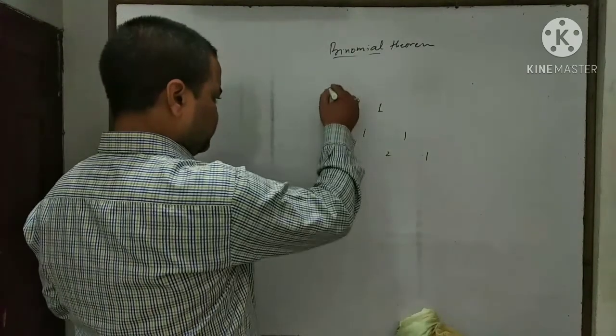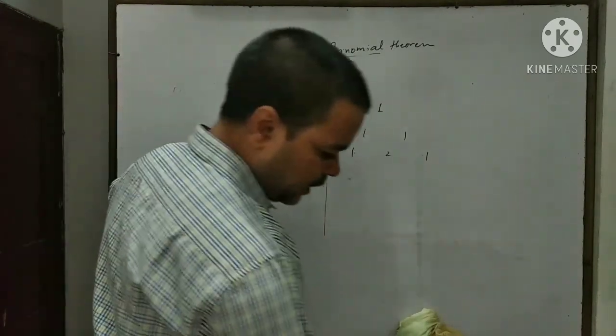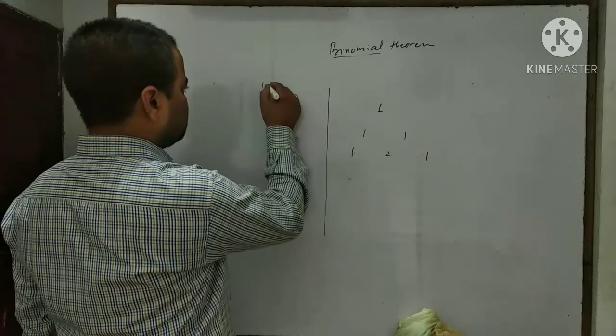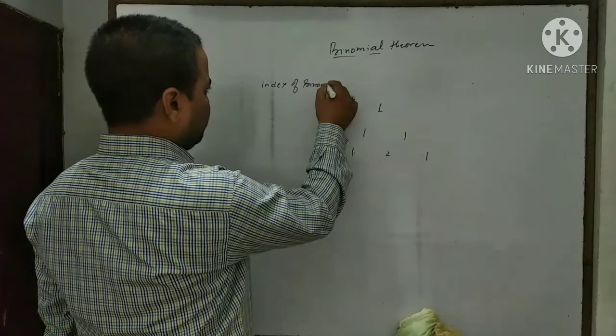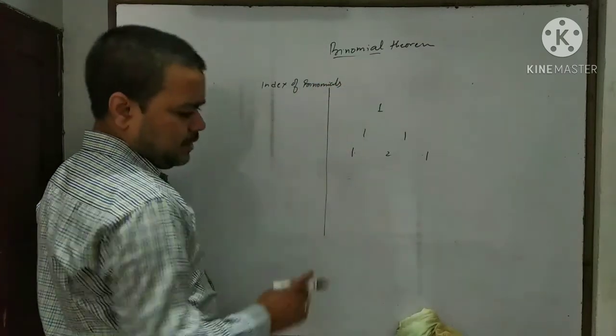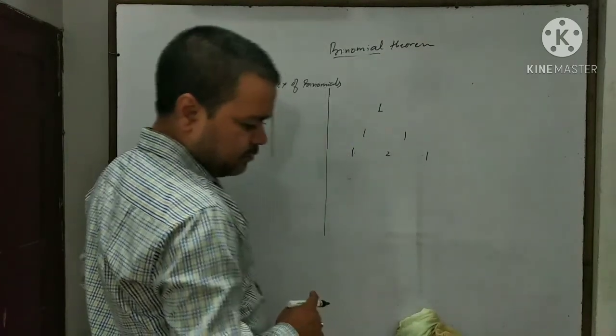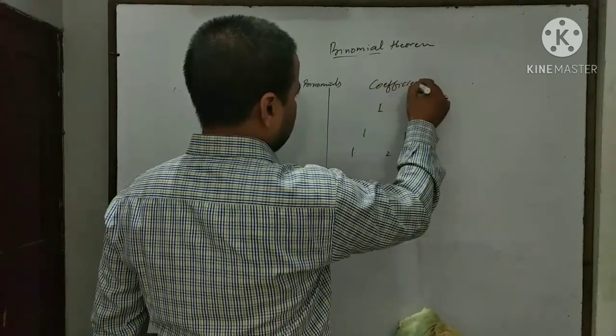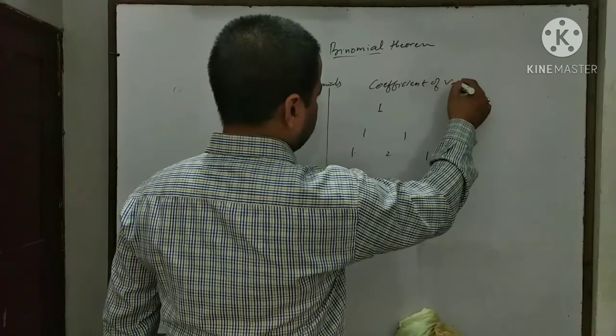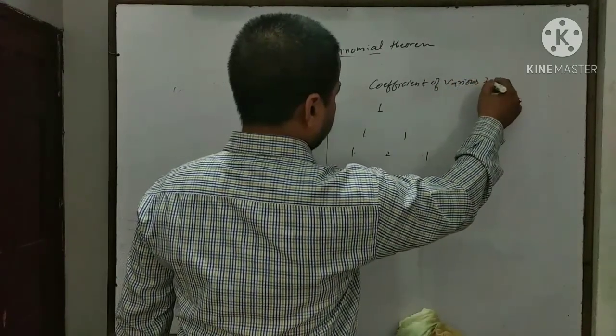Here what we have is the index of the binomial, and this is the coefficient of various terms.